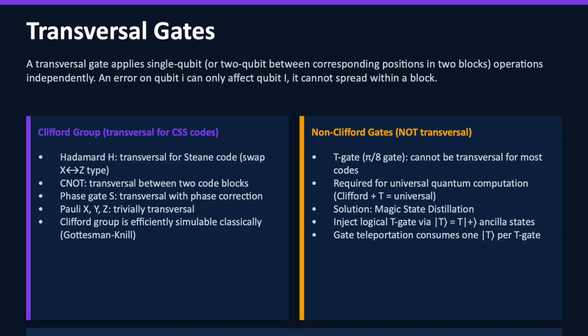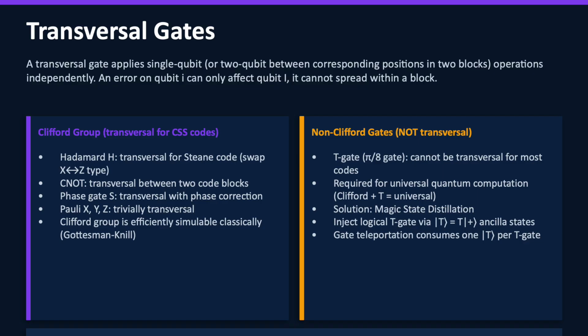For the CSS codes, including the Steane code, a rich set of logical operations can be implemented transversally. These include the Hadamard gate, which creates superpositions, the controlled NOT gate or CNOT gate, which creates entanglement between two qubits, and several other fundamental operations.